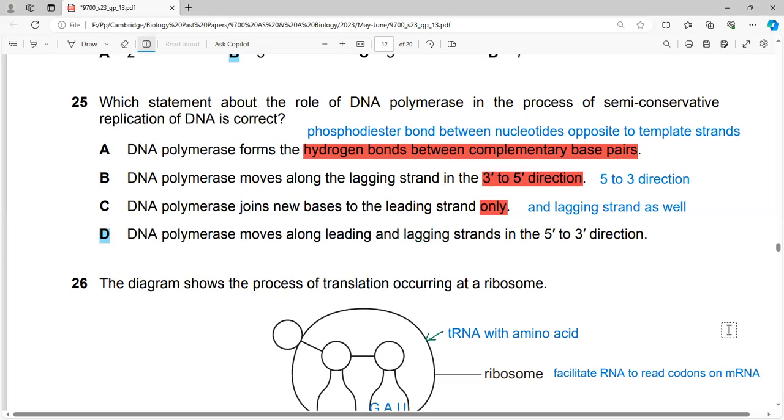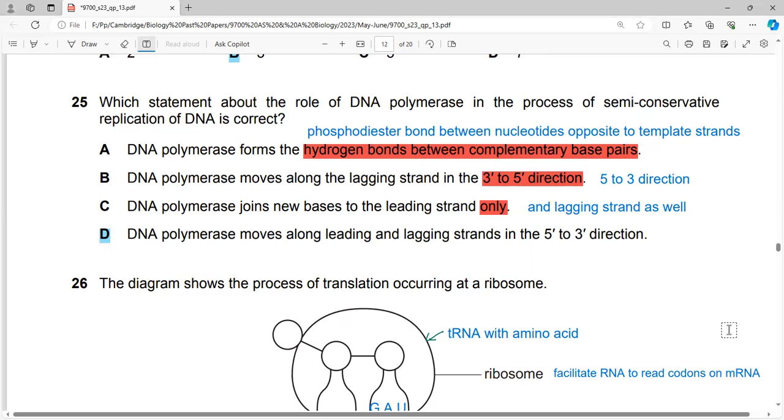B, DNA polymerase moves along the lagging strand in a 3' to 5' direction. So in this way, the direction is wrongly mentioned here. Always, in the lagging strand and in the leading strand, the DNA polymerase moves in the 5' to 3' direction. So that's why it is wrong. C, the DNA polymerase joins new bases to the leading strand only. So the word only is wrong here.